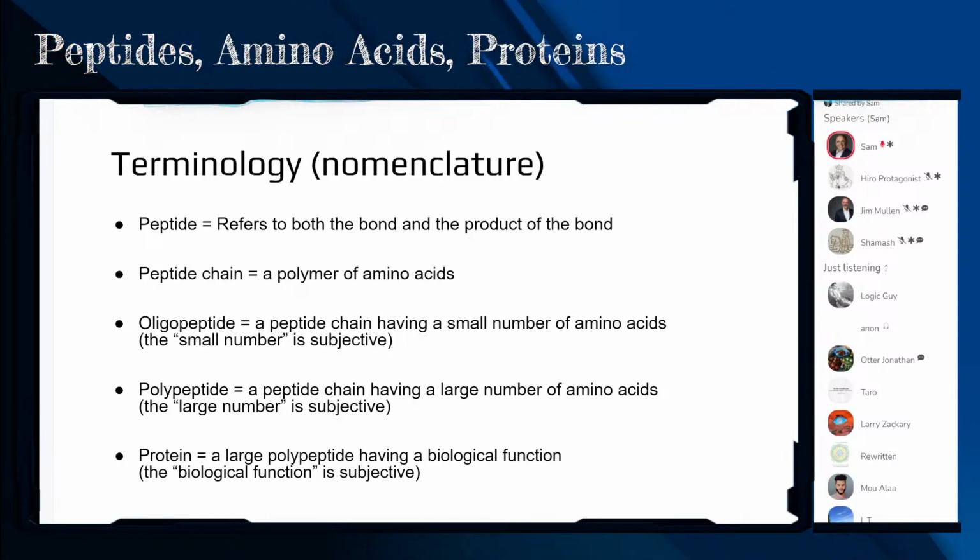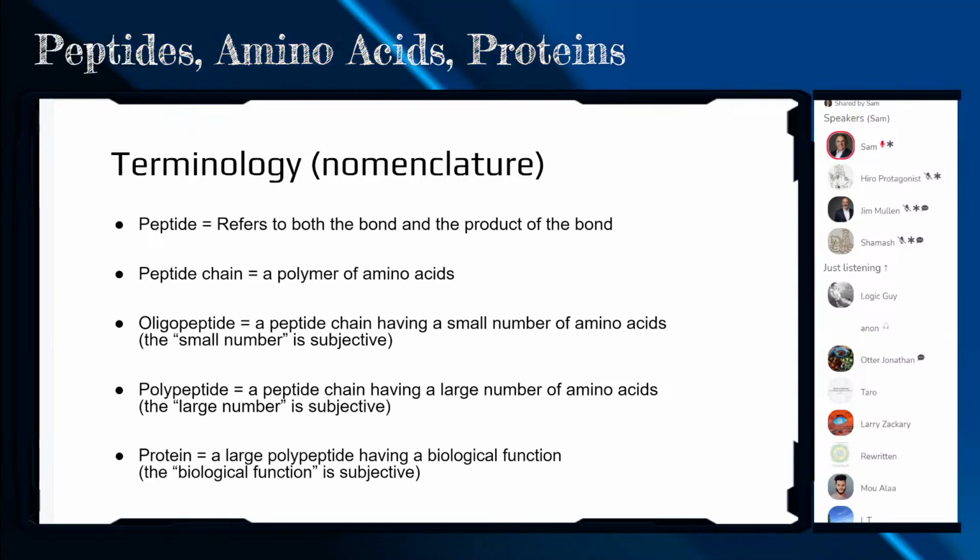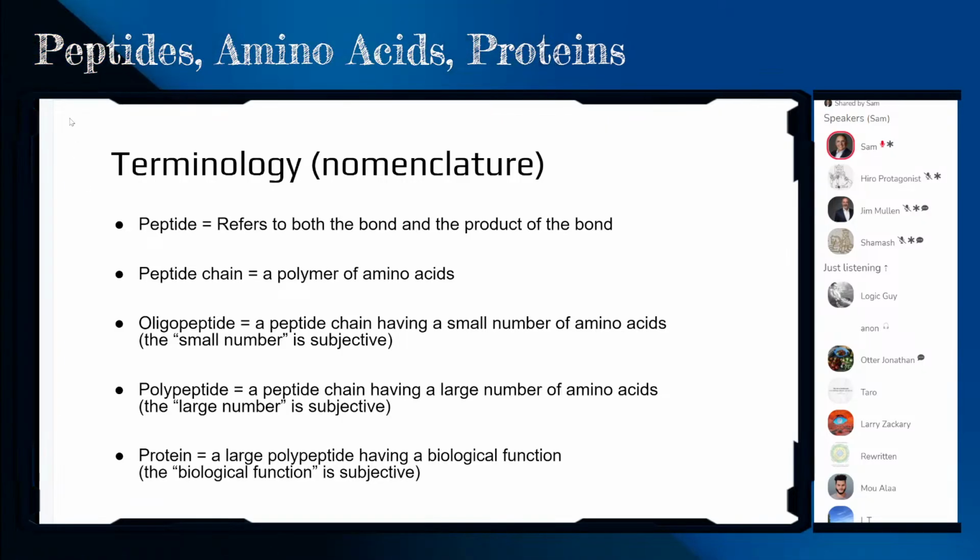So definitely something that has 3 amino acids in it, most people call that an oligopeptide, not a polypeptide. Something that has about 100 amino acids in it, people call that a polypeptide, not an oligopeptide. Something that has 300 or 400 amino acids, that's mainly a protein, not a polypeptide.